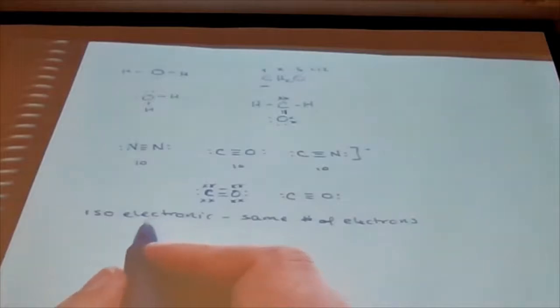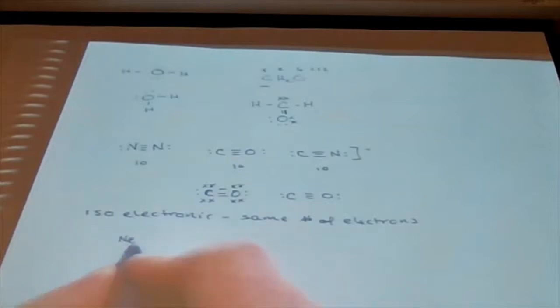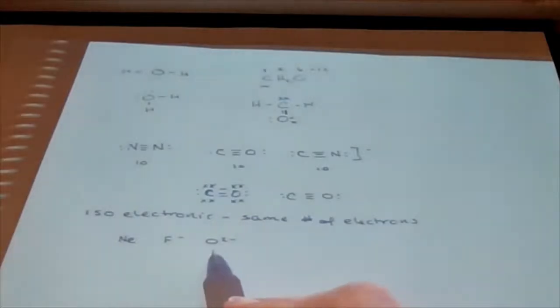When I'm talking about atoms or monoatomic ions, I mean the total number of electrons, and I usually mean that for molecules too. So if I'm looking at, let's say, neon, it has the same number of electrons as chlorine minus and O2 minus. This has 10.